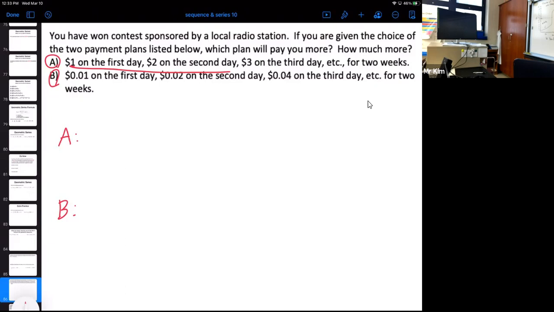For A, 105. Is it $8,000? That's weak. For Plan B, yeah, $8,000.